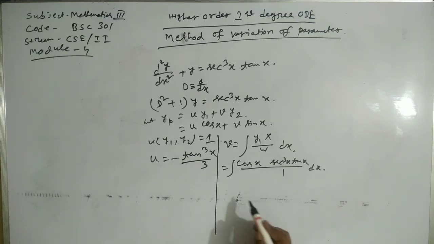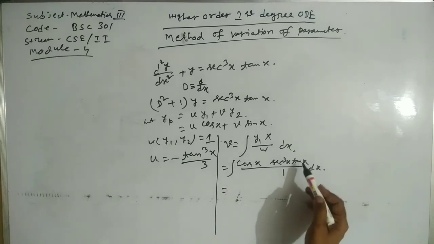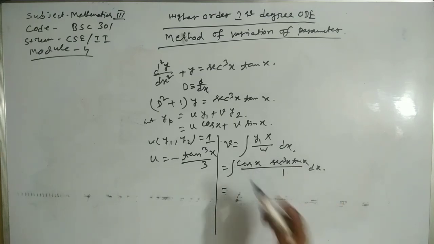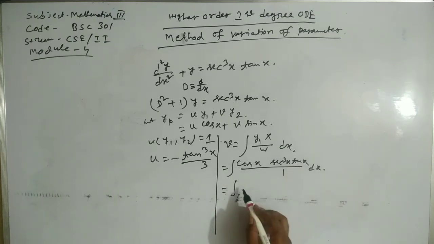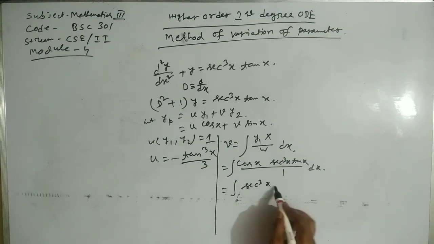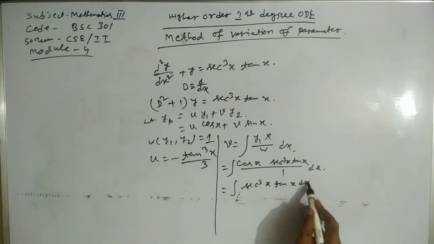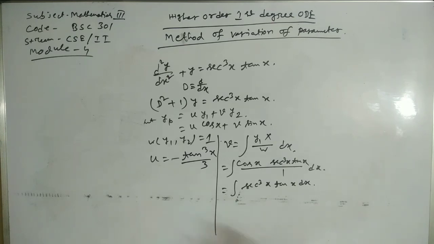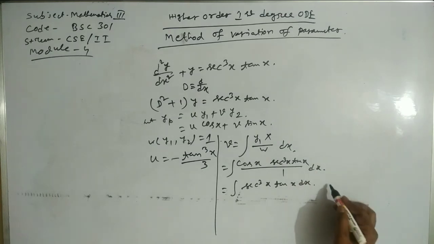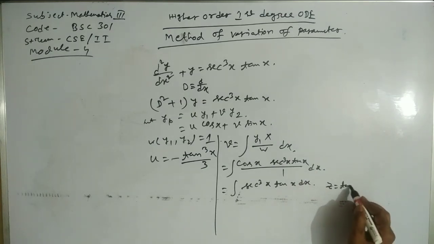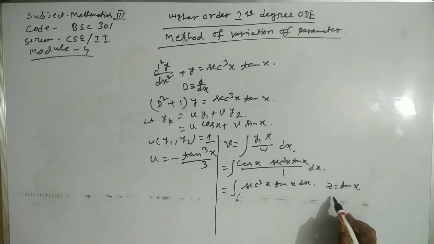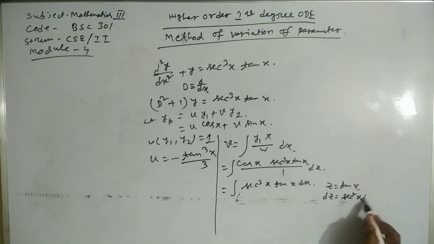Here cos x will be cancelled out, and the remaining part is sec cube x tan x dx. Like the previous calculation, I am substituting tan x by z. So let z equal tan x, then differentiating both sides, dz equals sec square x dx.